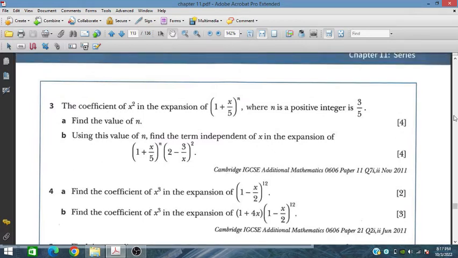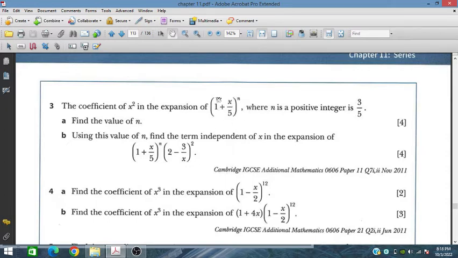Here the coefficient of x square in the expansion of (1 + x/5)^n, where n is a positive integer, is 3 by 5. Find the value of n.